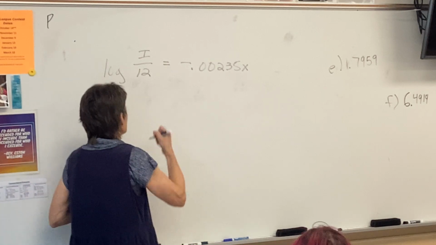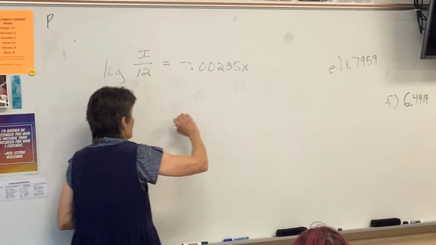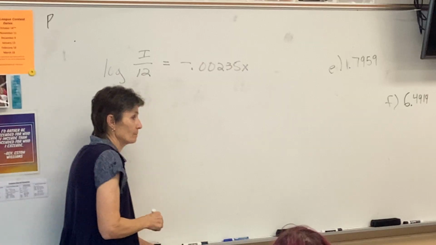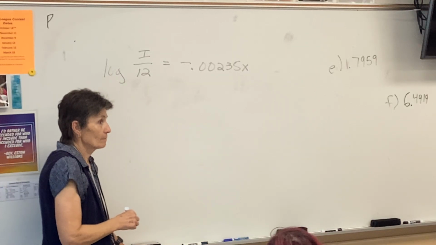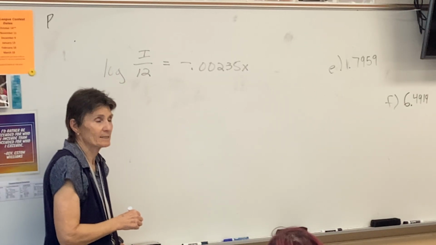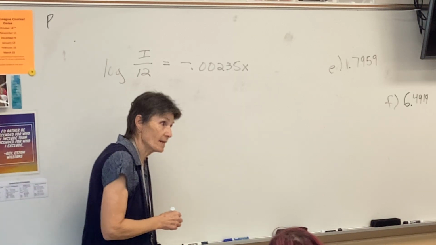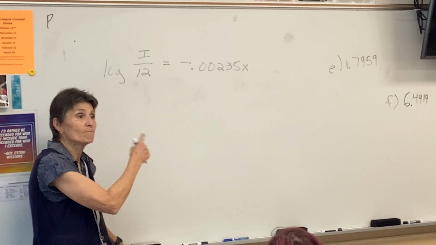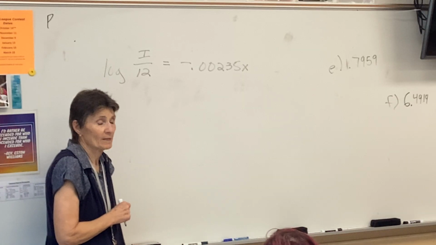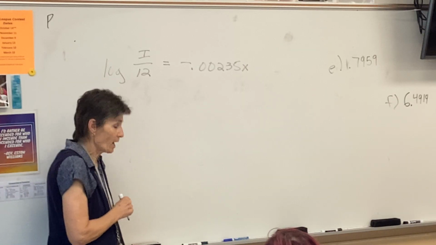So this is the intensity. This is the depth of the water. Especially in some place like Lake Erie, the farther down you go, the less light there is, right? And this is a formula that gives that. Now here's your job.